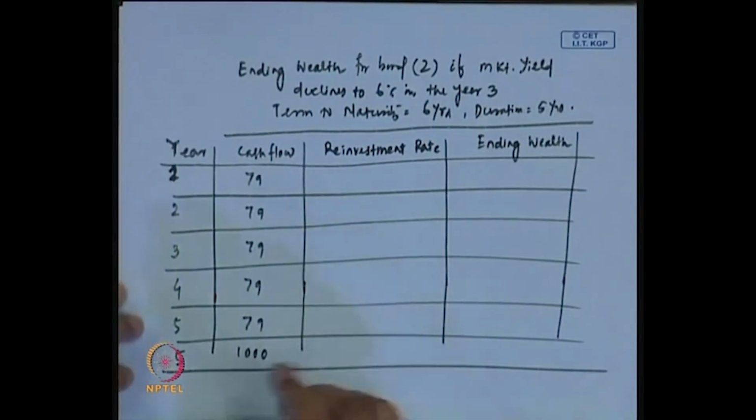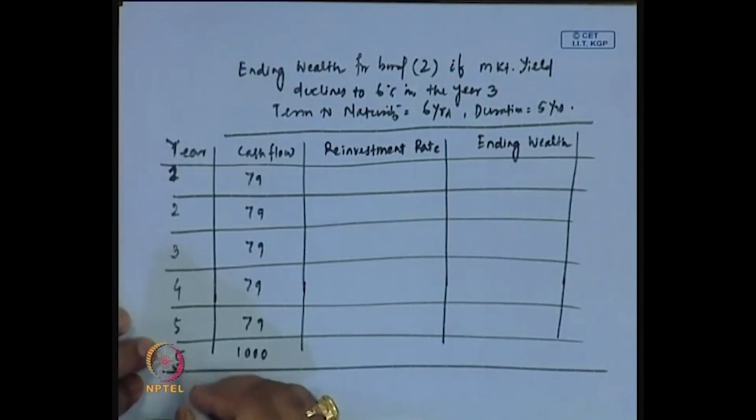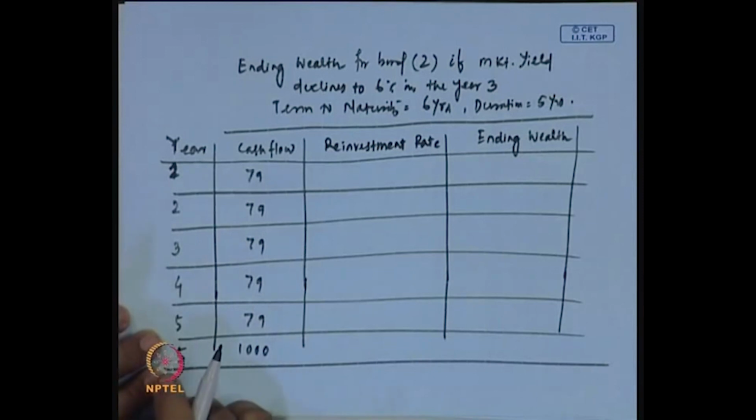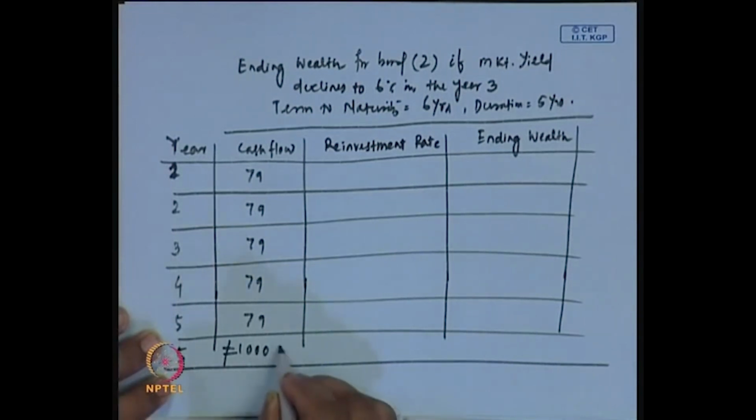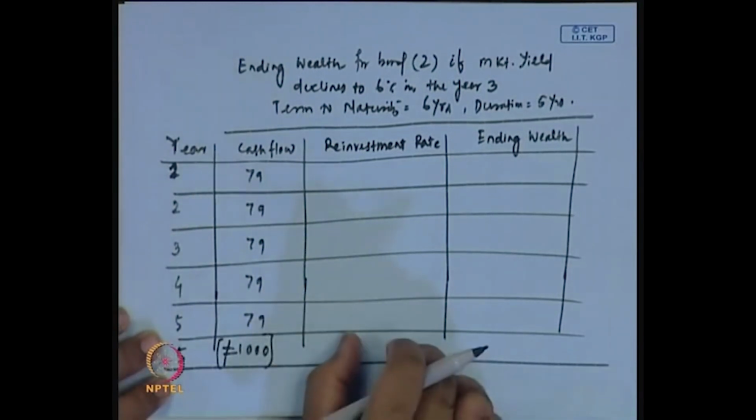But one thing is the cash flow, we have to check it, because the price of bond 2 with 1 year left to maturity and a market yield of 6% we have to calculate. So, this cash flow cannot be 1000, we have to calculate this cash flow. The market interest is 6%.